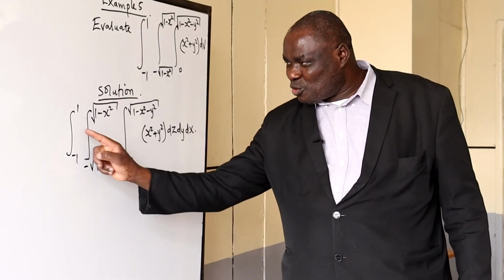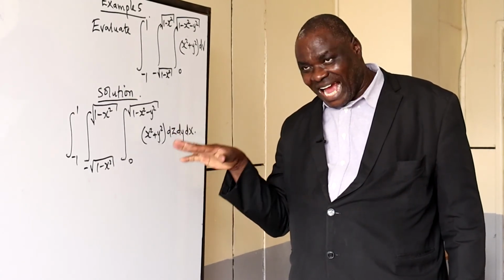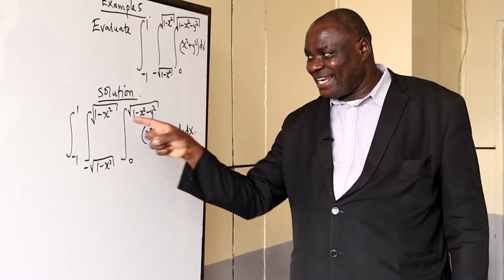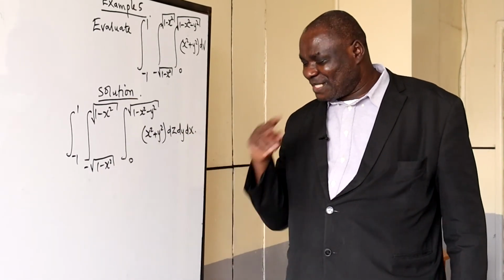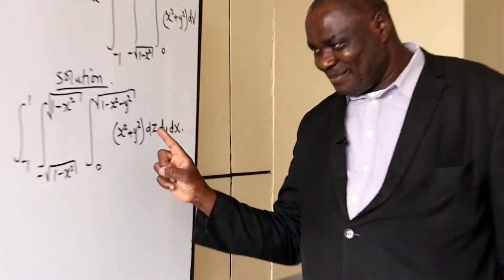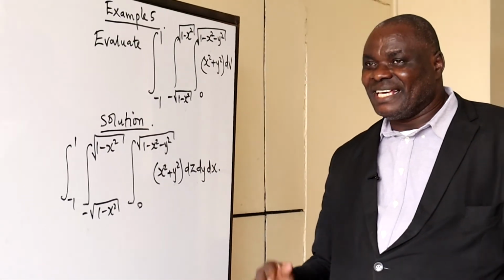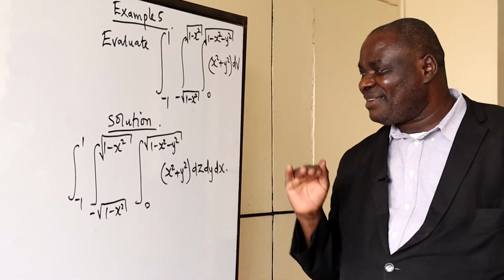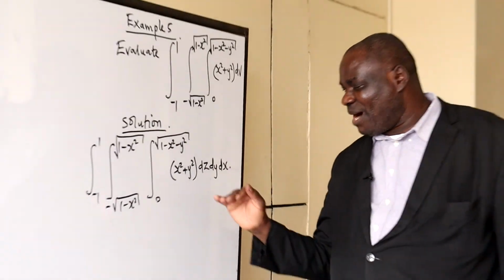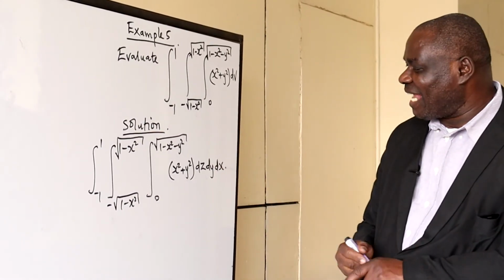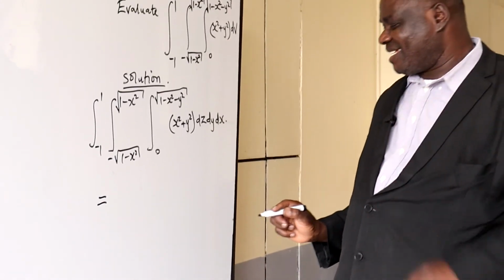Since these last two limits denote that we are taking limits from a circle of radius 1, it is a full circle. If it is a full circle, then the solid we are working on is a hemisphere above the xy plane. So we can now convert this into spherical coordinates.